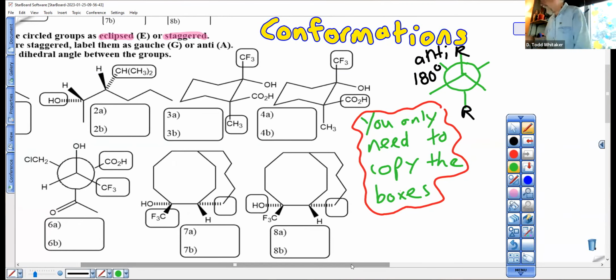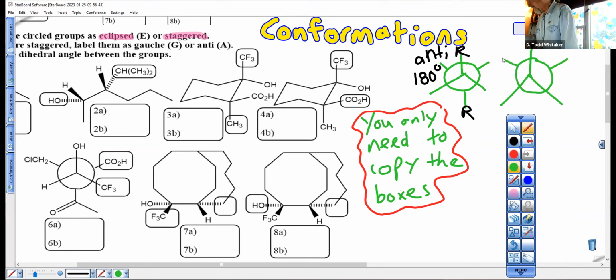And the other staggered looks like this. Do you see the even spacing that I was talking about for staggered? Things are evenly spaced, even though they're not that well drawn. So we could have this with this, where they're still staggered, but they're not 180.